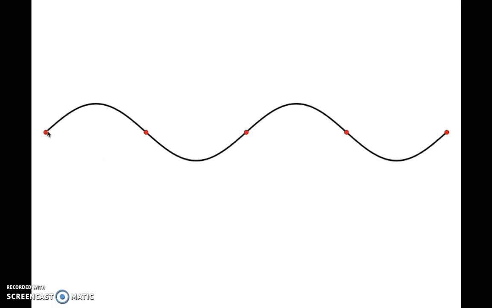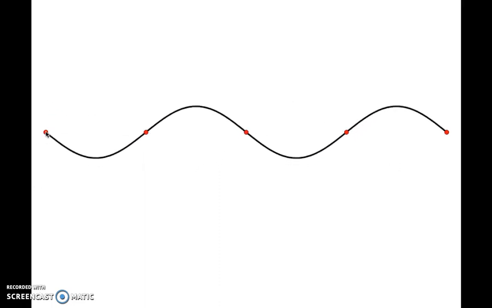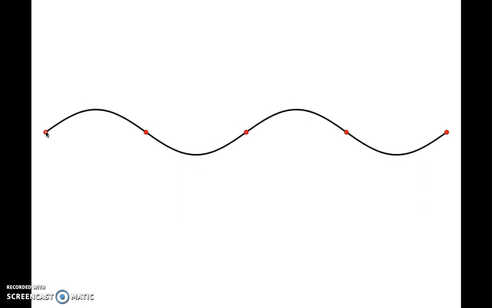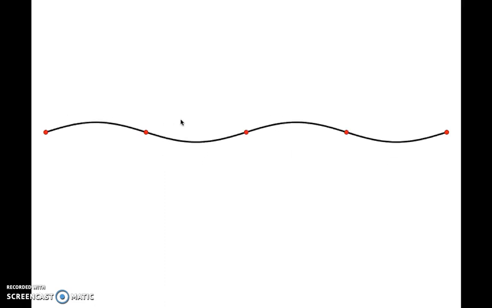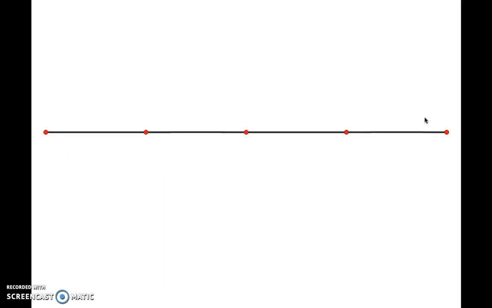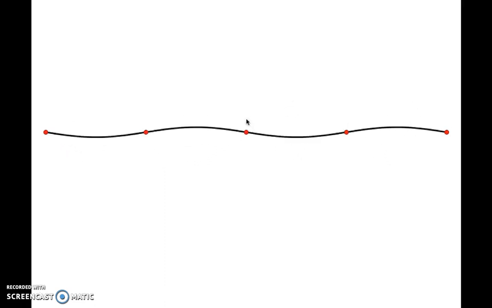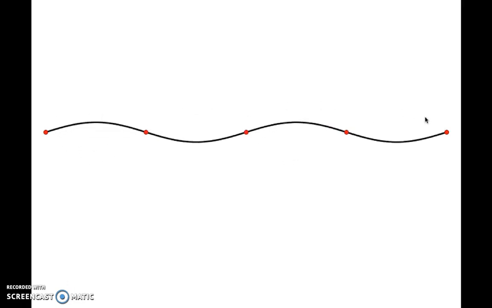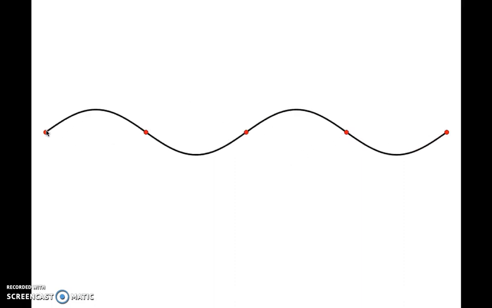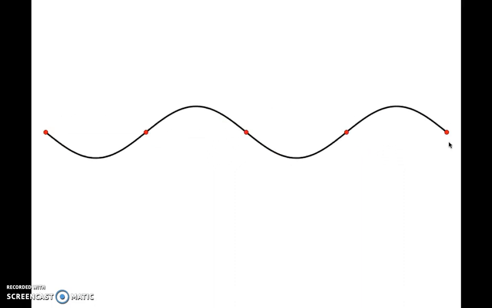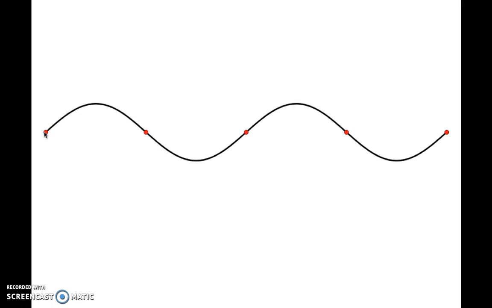As I shake this spring on this end, with a fairly low frequency, I send out a pulse of energy that's traveling this way, and it gets reflected off the pole, comes back, moves forward, moves back, and so there's this interference pattern occurring between the waves that I'm producing and the waves that are being reflected off of this pole.